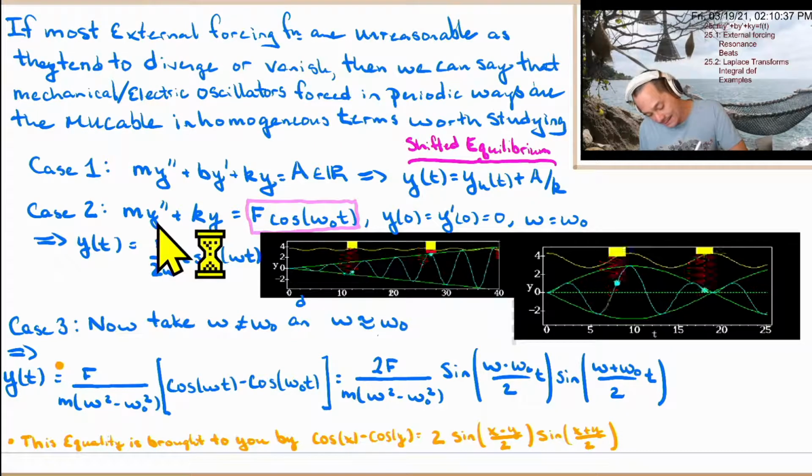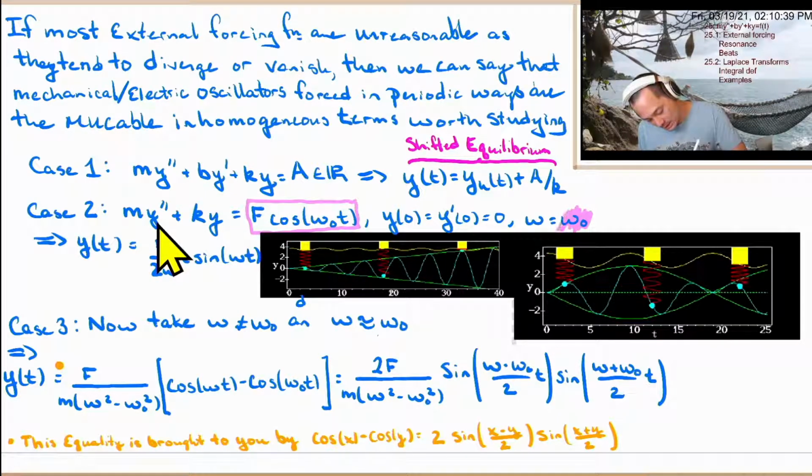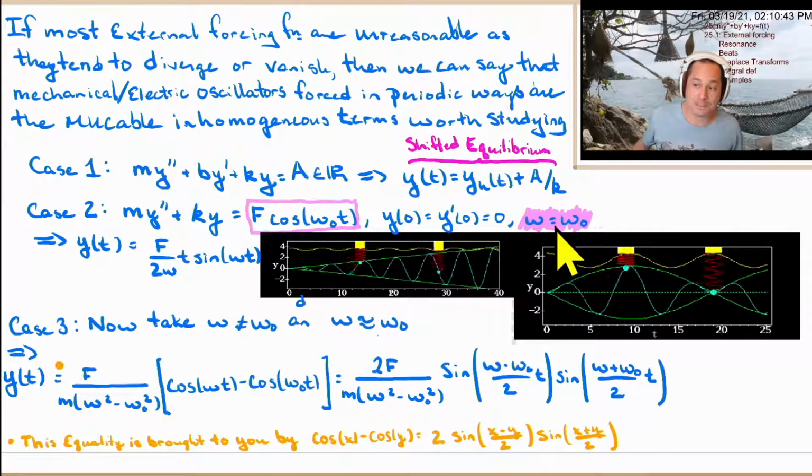So the game for resonance is to take the external forcing function and give it a periodic nature and give it a frequency that is exactly the same as the frequency with which the oscillator wants to oscillate in time.